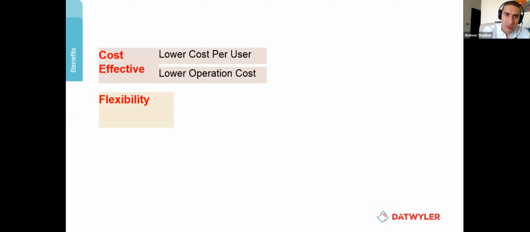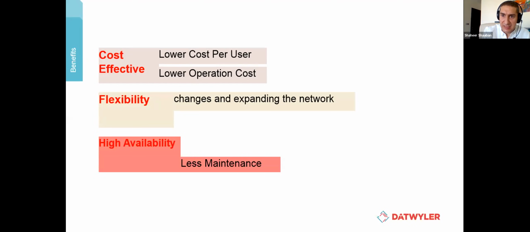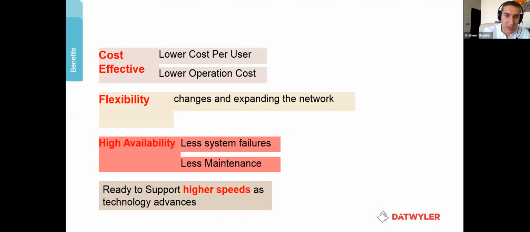It's very flexible because now in your network, you can take from any splitter and extend up to this 20 kilometers. You can take from your OLT and extend to any area. So you can easily expand your system and make changes to it. Highly available. It needs less maintenance because it runs on passive components, and you have fewer system failures. And the fact that it runs on single mode fiber makes it ready to support higher speeds in the future.